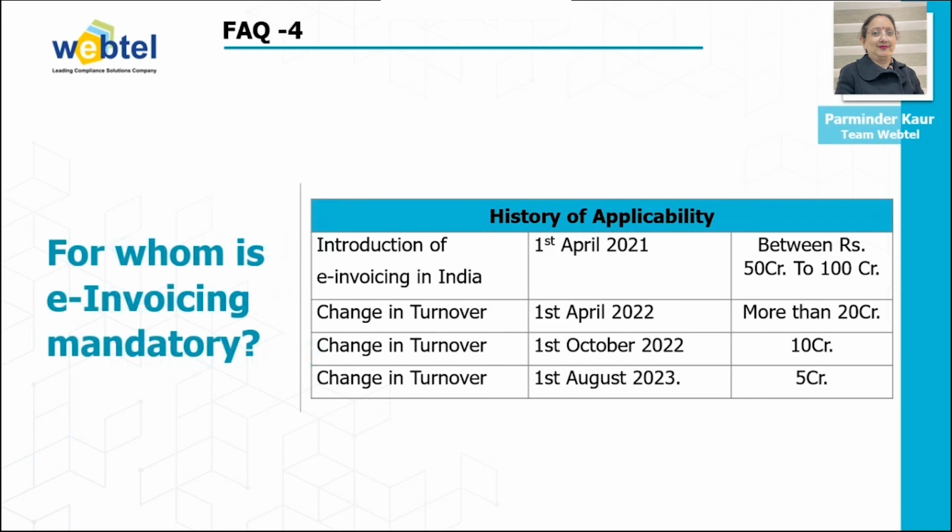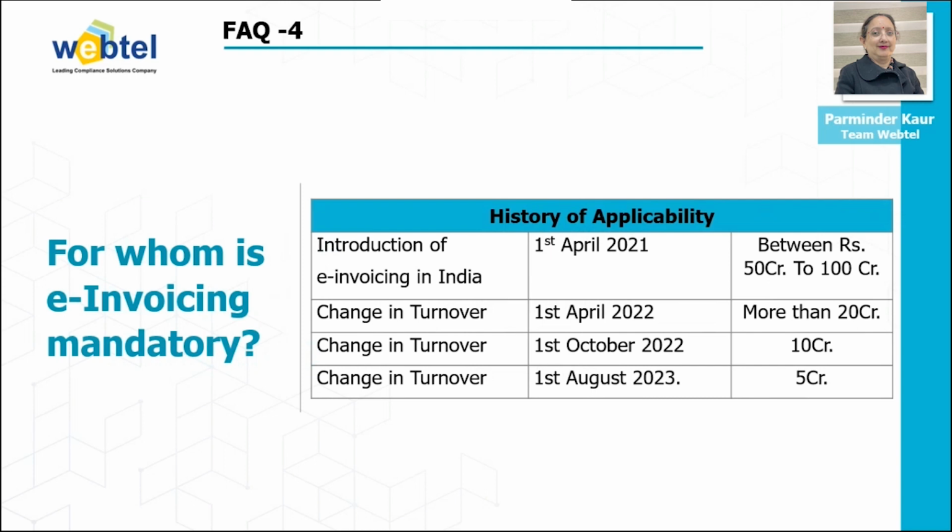For whom is e-invoicing mandatory? E-invoicing was introduced in India on 1st April 2021, where the government mentioned that for turnover of 50 crore to 100 crore, e-invoicing is mandatory.